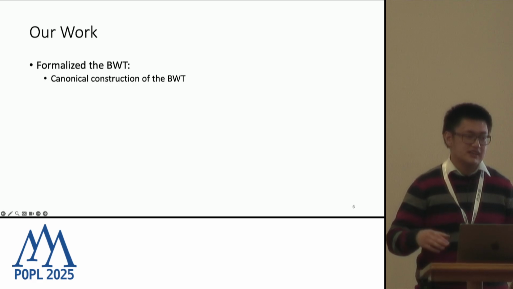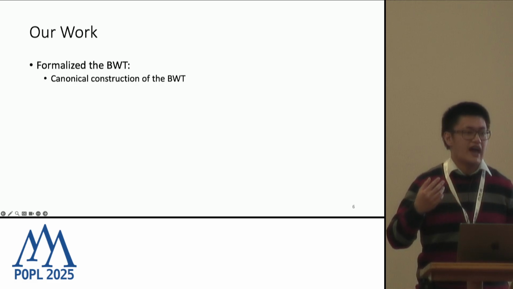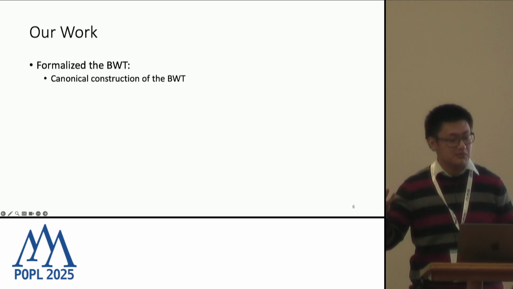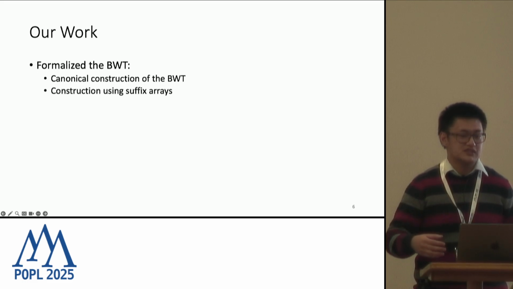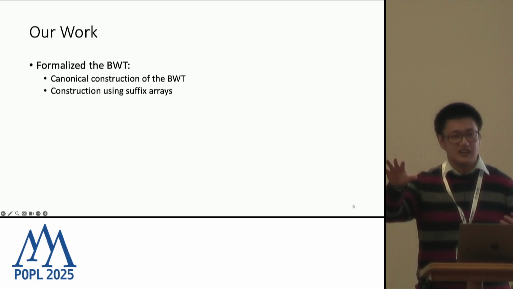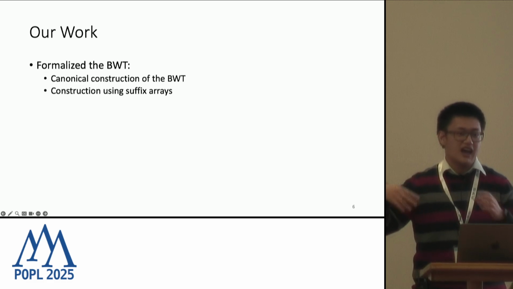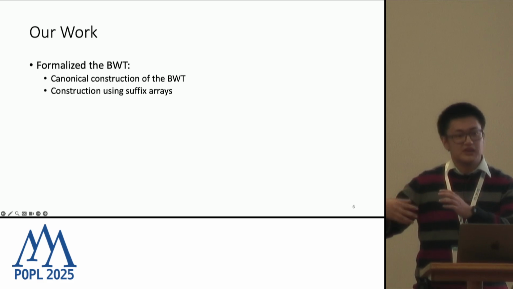The first is its canonical construction, as described in its original paper, and also an alternative construction using suffix arrays, which allows a linear time construction, because you can have a linear time suffix array construction algorithm, and then from the suffix array, build the Burrows-Wheeler transform in linear time.